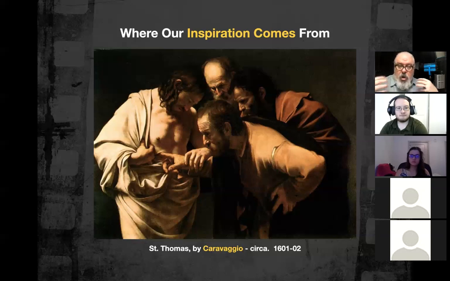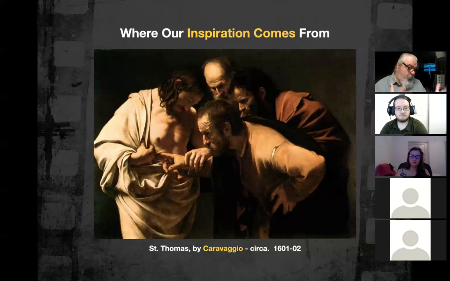But one of the most broadly accessible documents in that time would have been the Bible. And so the Bible was, and all of the stories in the Bible were fairly common themes that appear, you know, a lot in classic artistic imagery. And so here's one particular story from the Bible, and it's Doubting Thomas.